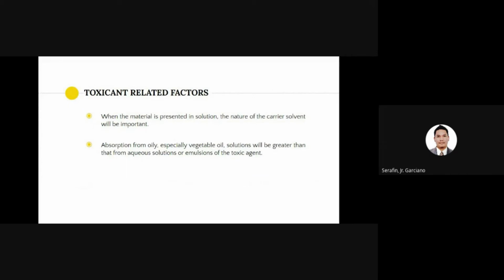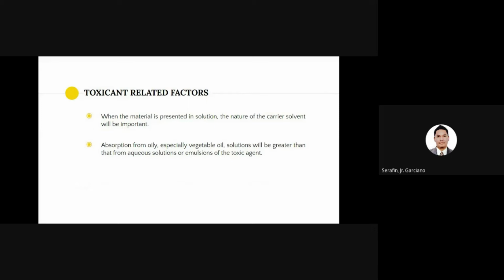Another thing is when the material is presented in solution, the nature of the carrier solvent will be important. For example, absorption from oily solutions, especially vegetable oil, will be greater than from aqueous solutions or emulsions of the toxic agents.